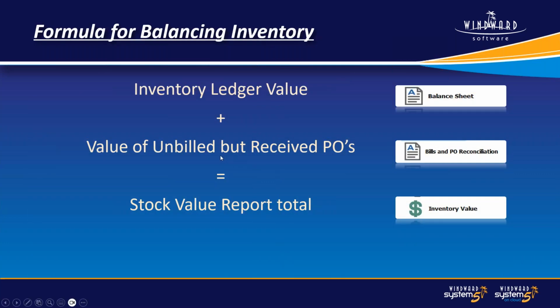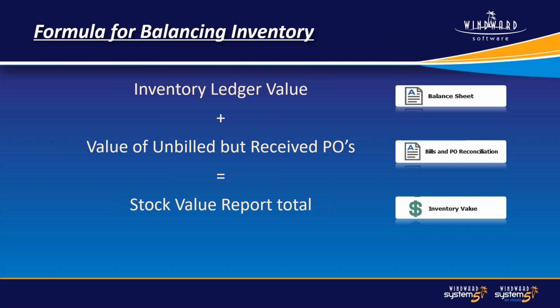But if you have not put in the invoice, and there's sometimes a delay between when the vendor gets you an invoice, if you're in that delayed period where the bill hasn't been put in yet, there is a discrepancy there for a very good reason. And this report, the Bills and PO Reconciliation Report, can basically outline the difference that you should add in there.